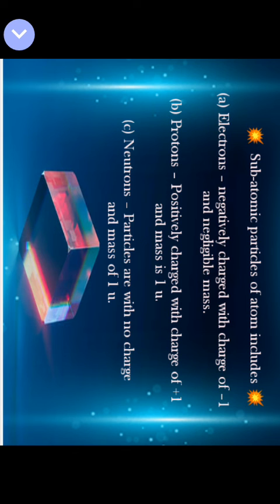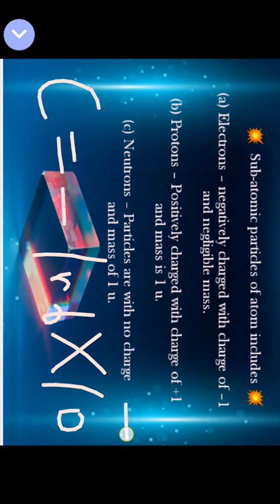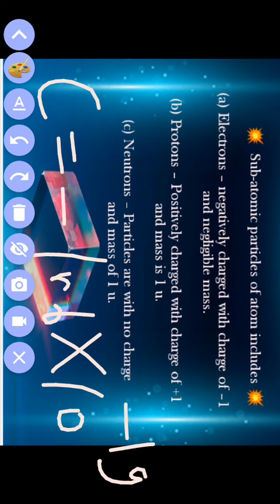And the charges, which we have talked about earlier, are -1, +1 and no charge on the neutron. More about the charges: the charge on an electron is minus 1.6 into 10 to the power minus 19. You need to learn all these.